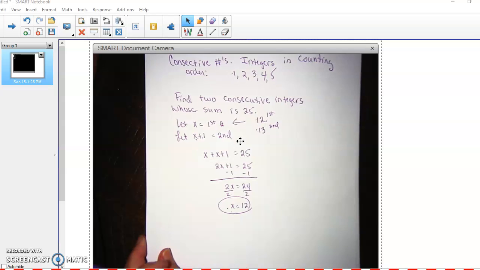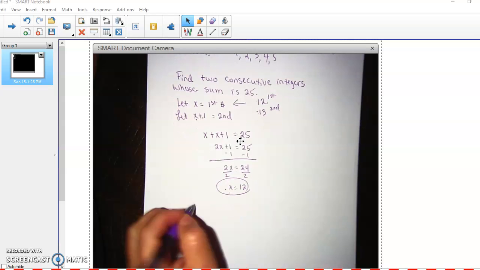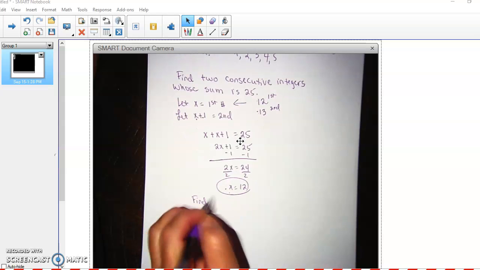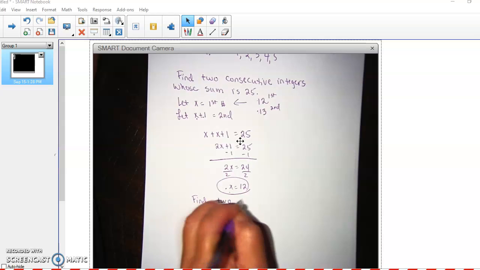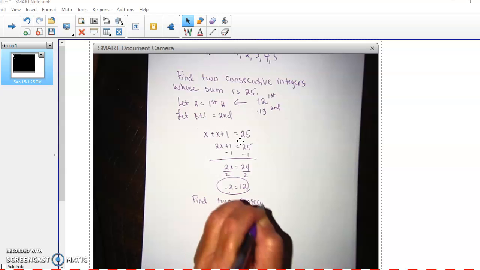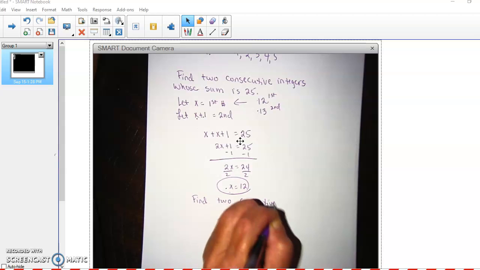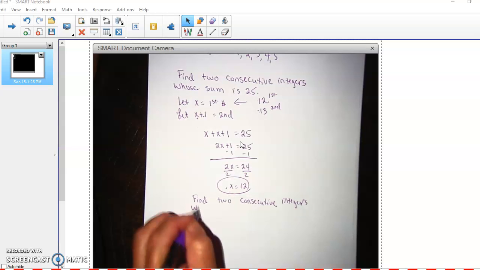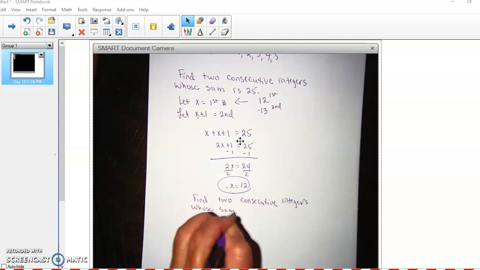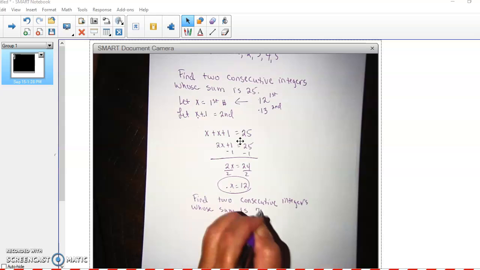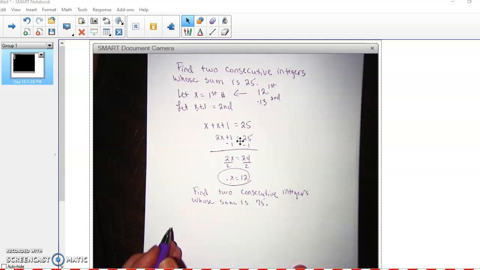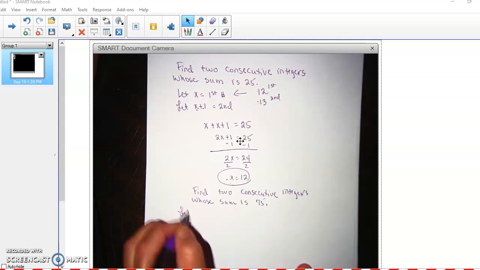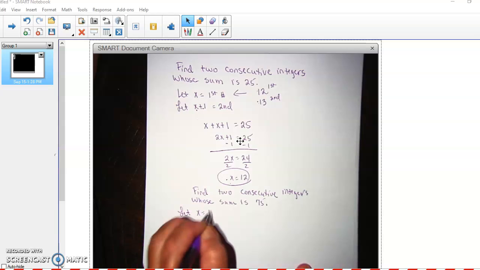Let's do another one. Find two consecutive integers whose sum is, we'll say 75 this time. Again, they're going to be consecutive, so they have to be one after another. So we're going to do our let statement. x is going to be our first number.